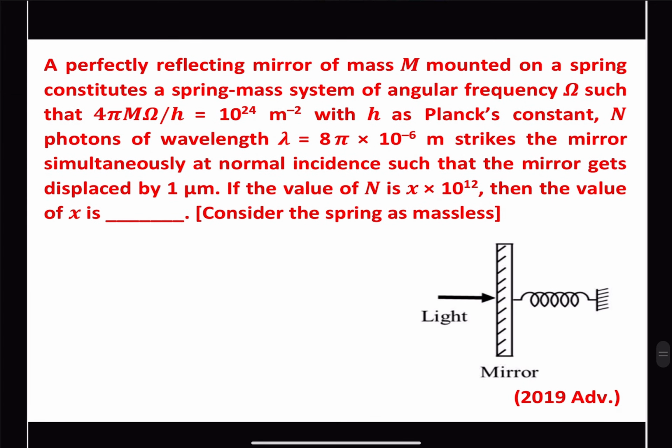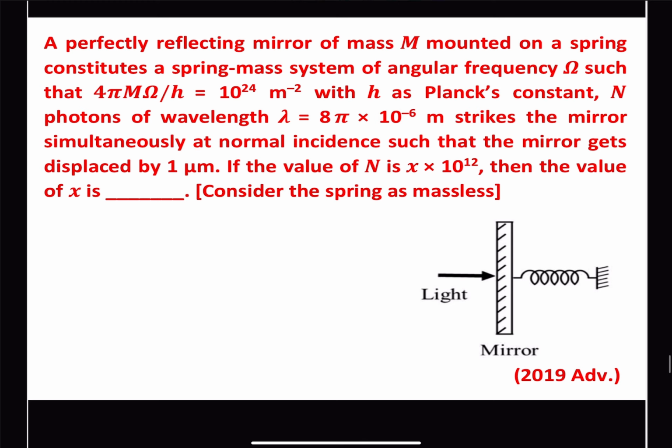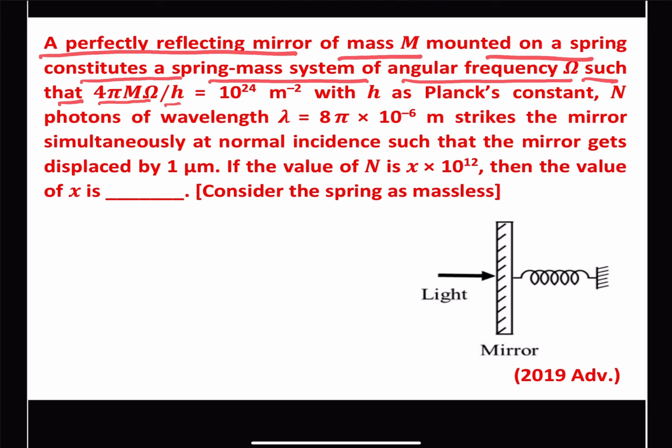It states that a perfect reflecting mirror of mass m mounted on a spring constitutes a spring mass system of angular frequency omega such that 4 pi m omega upon h is 10 raised to the power 24 per meter square, with h is Planck's constant. n number of photons and lambda is wavelength, which is given as 8 pi into 10 to the power minus 6 meter, strikes the mirror simultaneously at normal incidence such that mirror gets displaced by 1 micrometer.